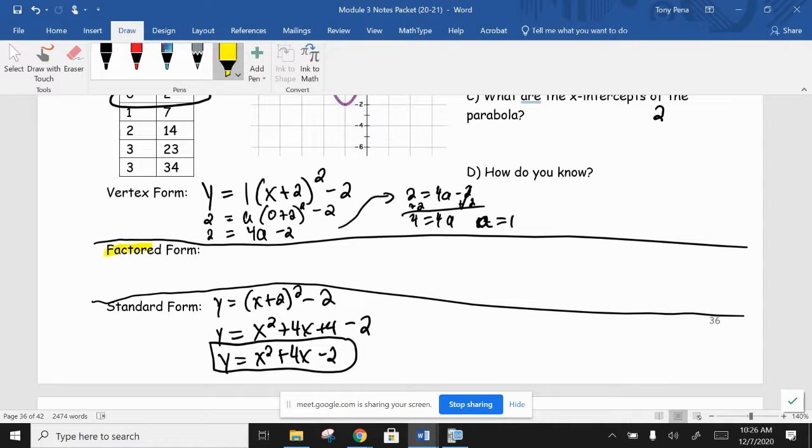Take that now and factor that. So now put that into factored form. Okay. And then hopefully with a little bit of number sense here, don't work on this too long, right?